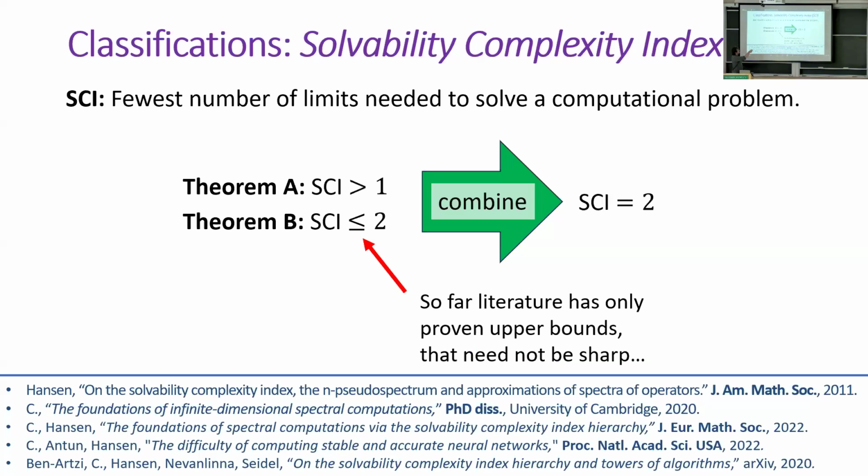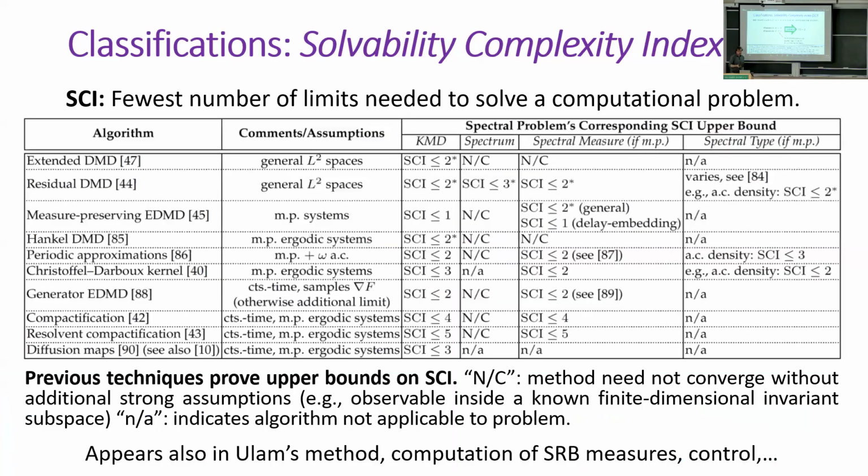Now, so far, the Koopman literature is really focused on theorems that are of type B, okay, so upper bounds on the SCI. And these upper bounds need not be sharp, okay, so because we have a lower bound here that goes hand in hand with this theorem, we know that this is sharp. So for example, here's a table of some of the main DMD algorithms, okay, that compute various spectral properties of Koopman operators under different assumptions.